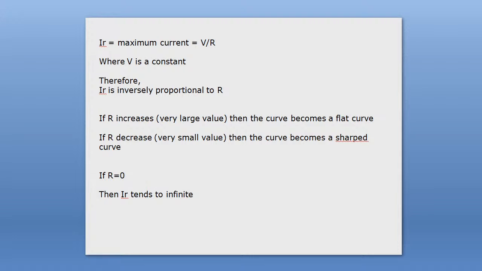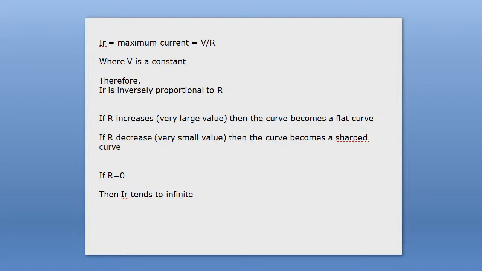Therefore, the shape of the resonance curve changes with different values of resistance. If the resistance value is high, the curve becomes a flat curve. If the resistance value is low, the curve becomes a peaked or sharp curve.